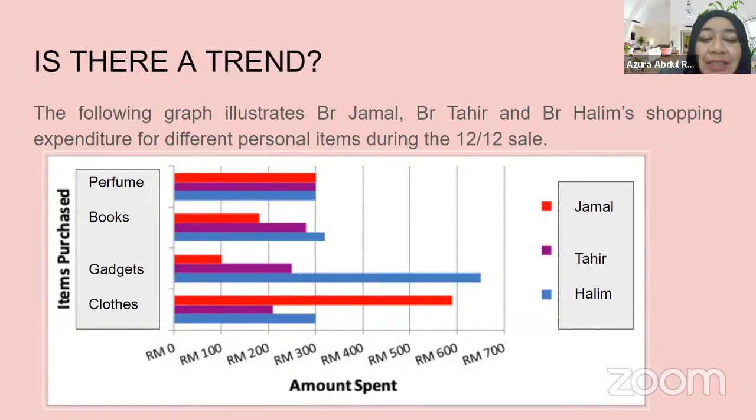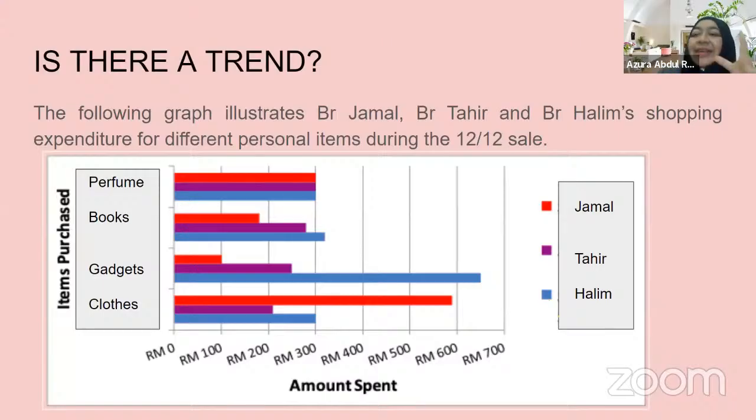Okay, can you say that the amount of gadgets that Halim bought was just about double or just above double the amount spent for books? Can we say that? Yes. We can say that, that's right.